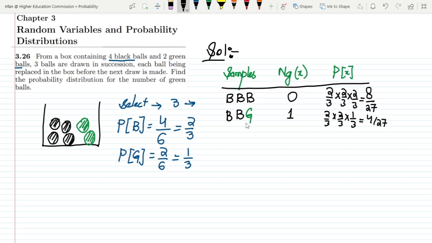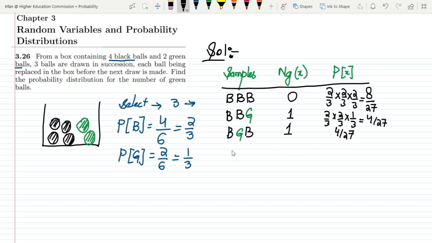Okay, so similarly for the third I can have black, green, and the last one here is black. Okay, so here the number of green balls is again 1, and after you calculate it, you will have 2 by 3 multiplied by 1 by 3 multiplied by 2 by 3, it will be the same as for the previous one, so it will be 4 divided by 27.